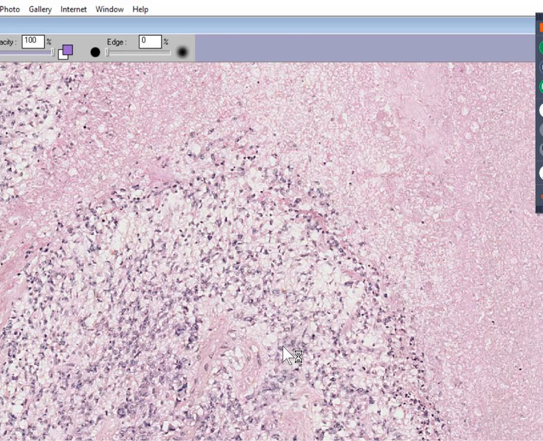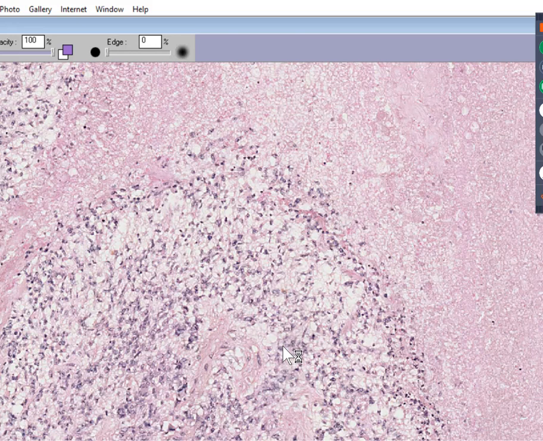The word palisading means that they're all kind of standing up in a row. So you see palisading, you see necrosis, you see extreme pleomorphism.